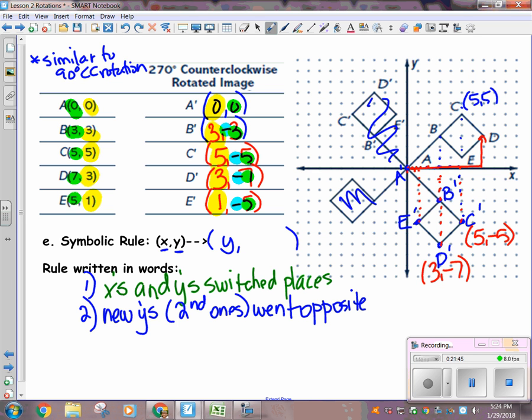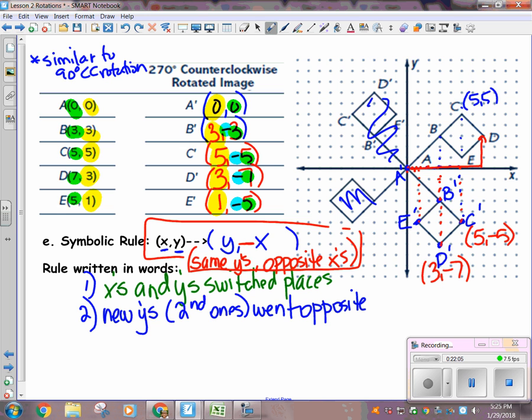Y's come to the front, X's go to the back, and then the second ones go opposite. Okay? So we would say same Y's, opposite X's. That would be another way to describe it in words. So that is our function rule for 270.